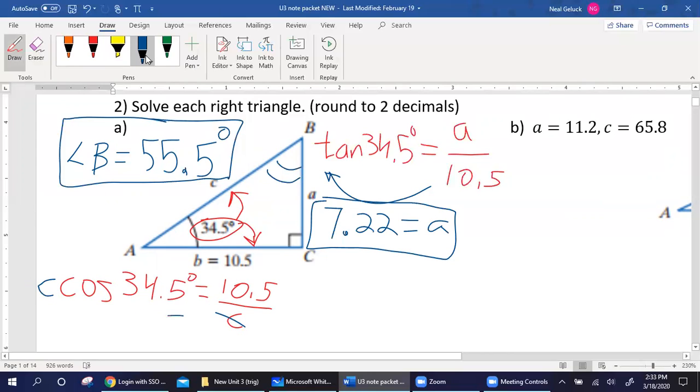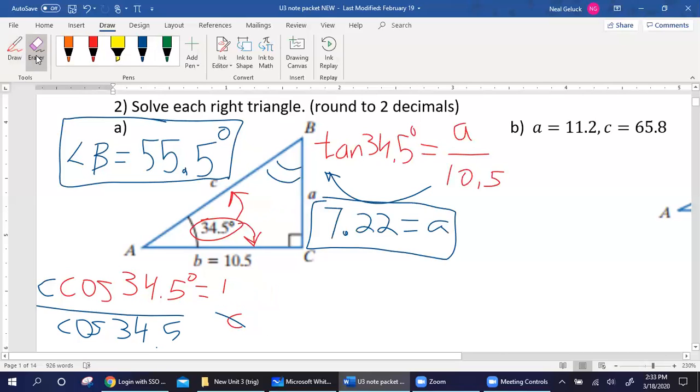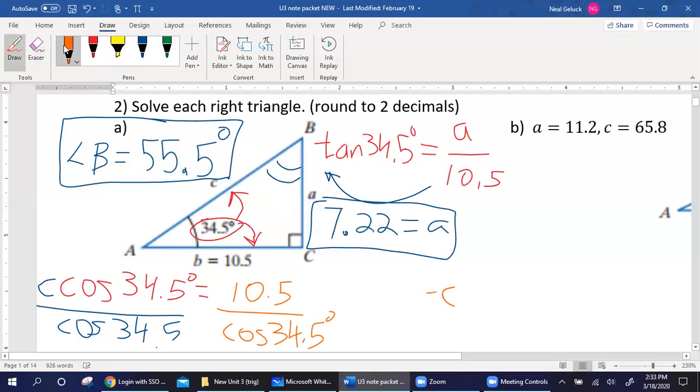And then I'd have to divide out cosine 34.5, and I'd divide that out on the other side. I'm just going to put quotes. Divide out the cosine 34.5. So again, what I'm really doing, I'll go ahead and write it out, make this cleaner, is 10.5 divided by the cosine of 34.5. And that'll give me side C, which is about 12.74.